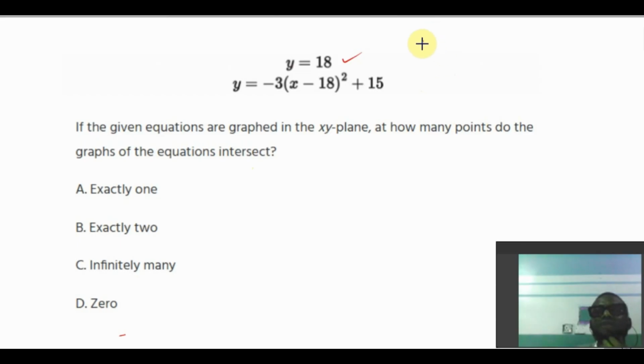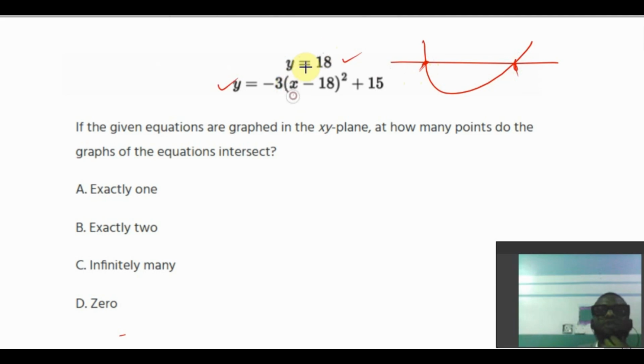If I have a curve like this, for the second equation, and this line for the first equation, they intersect at this point and at this point. This only occurs when you equate the two equations.